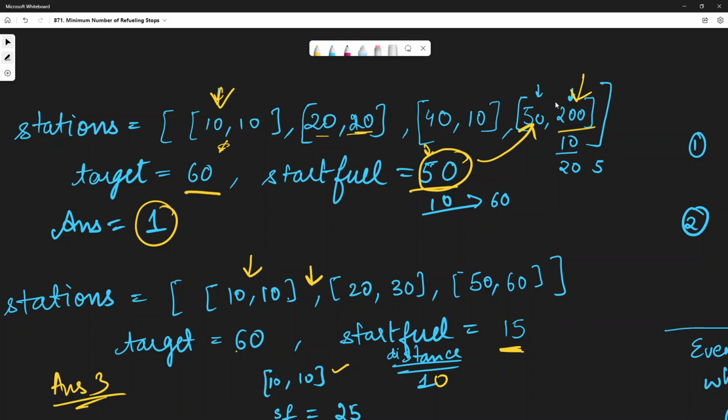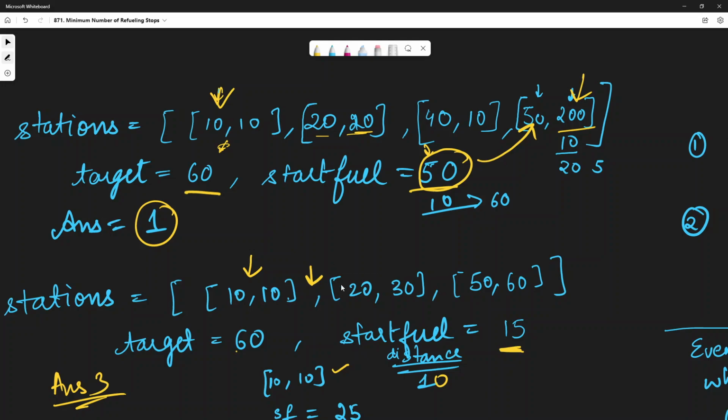And in the example which I have taken here, if that was not the fact, means we were having fuel of just 5, then surely we would have checked other options also, then the answer would have differed. That is the thing. So here 2 parameters are there: can we reach that fuel station, or is the fuel which we are having to reach that particular fuel station sufficient enough, and after reaching that fuel station, would we be able to reach the other fuel station or not?